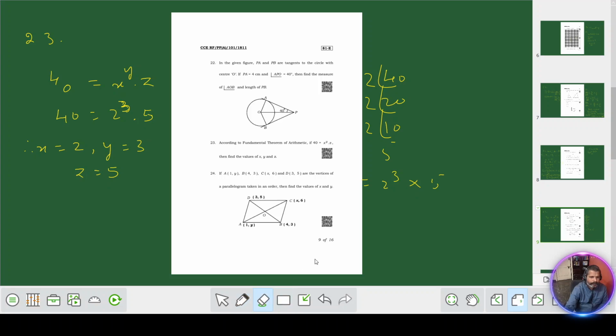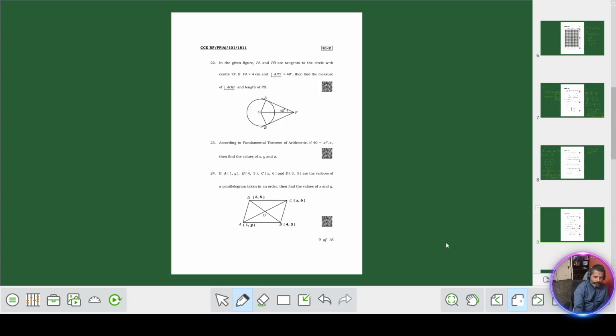We'll go to the next question, 24. It's a parallelogram they have given, and the vertices also they have given. X and y we have to find. Since it's a parallelogram, diagonals bisect each other, right? So write the given, all ABCD points, and draw the figure.